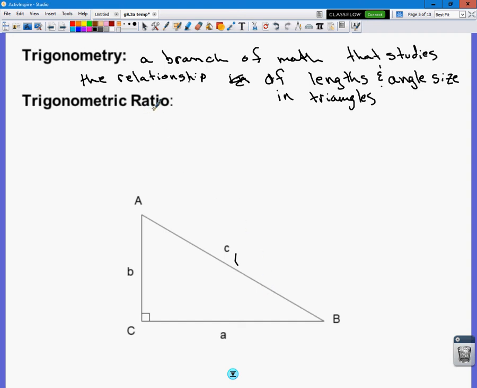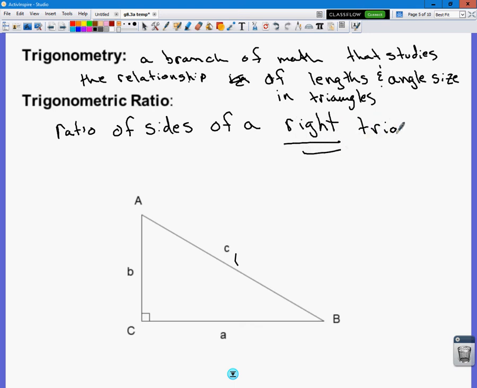A trigonometric ratio specifically is a ratio of the sides of a right triangle. So are we going to use trigonometric ratios on obtuse triangles?